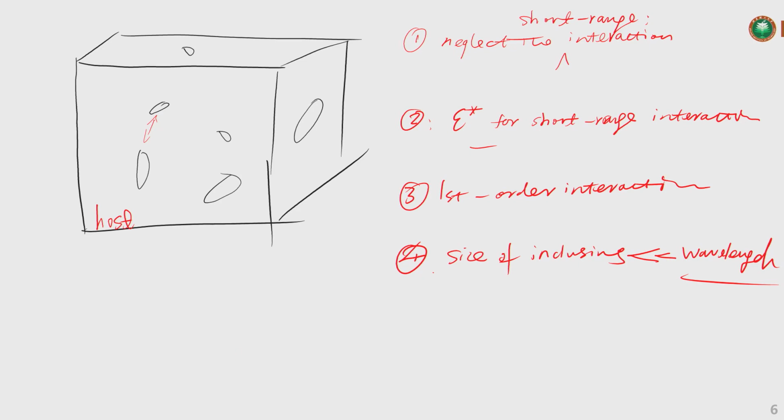First, let's come back to one kind of host material with only one kind of inclusion inside of it. So we have two kinds of materials, all right? In chemistry, we can call such a material or mixture a two-phase mixture. For the two-phase mixture, the inclusions are regarded as ellipsoids.